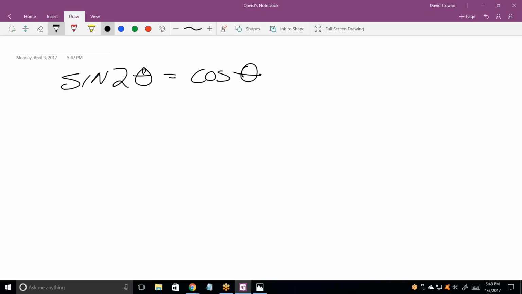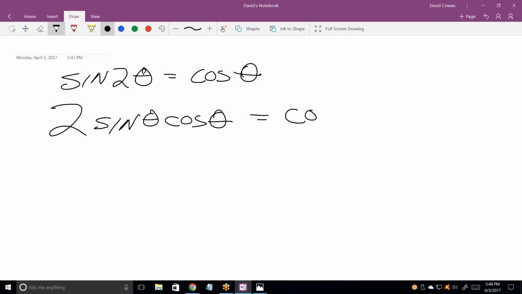Couldn't we use the double angle formula for sine? Wouldn't it be sine 2 theta equals 2 sine theta cosine theta? That's what sine 2 theta equals, right there.